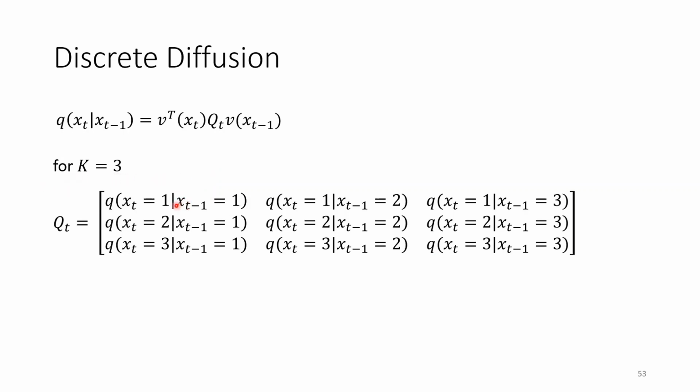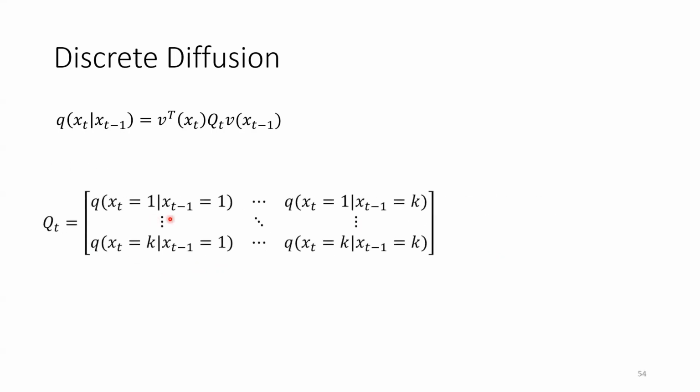What is the probability that if the x_{t-1} state is 1, in the forward process, on the next step x_t, this state will remain at 1? This entry says that if it's 2, what is the probability that the next state will be 1? And the last entry says if it's 3, what is the probability that it's still going to be at 3? This is essentially a standard transition matrix.